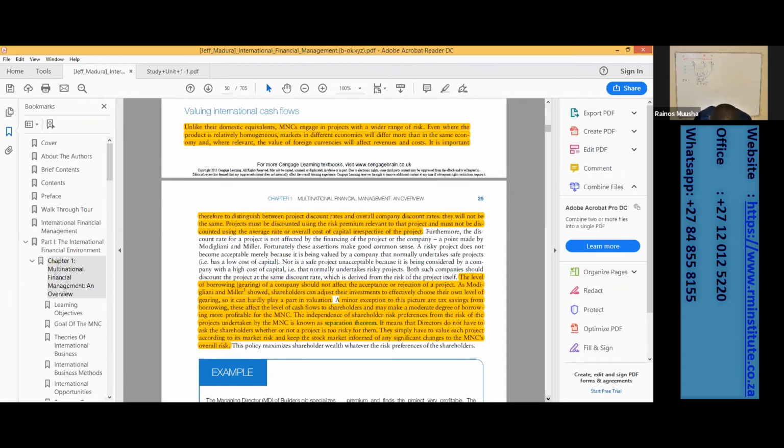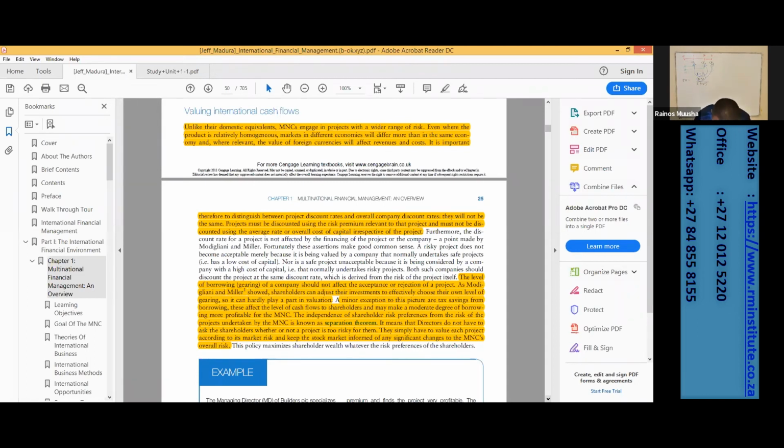A minor exception to this picture are tax savings from the borrowing. These affect the level of cash flows to shareholders and may make a moderate degree of borrowing more profitable for multinational corporations. So the independence of the shareholder risk preferences from the risk of the projects undertaken by the multinational corporation is known as a separation theorem.